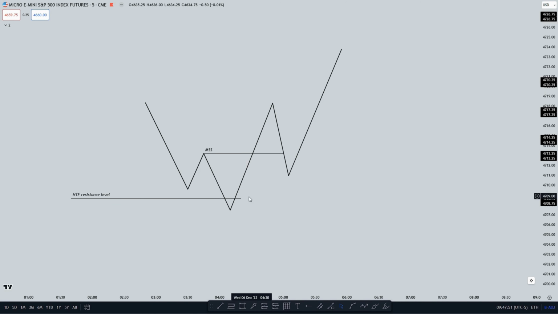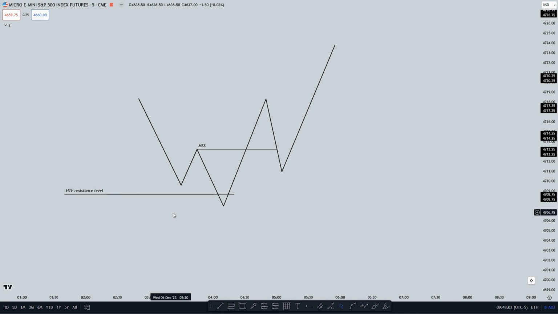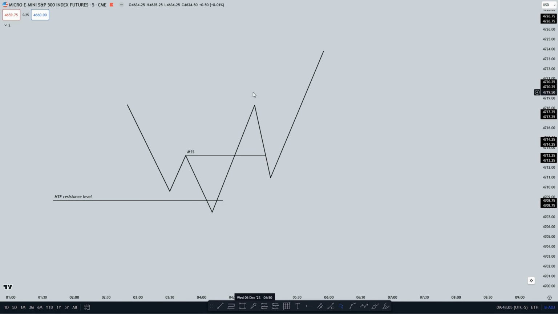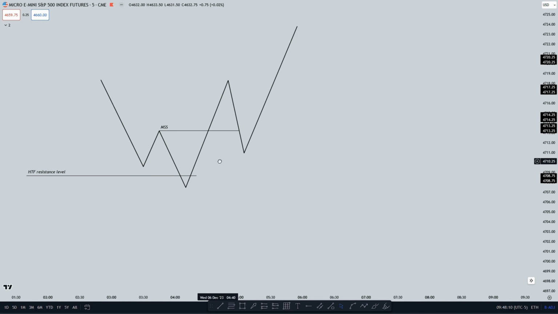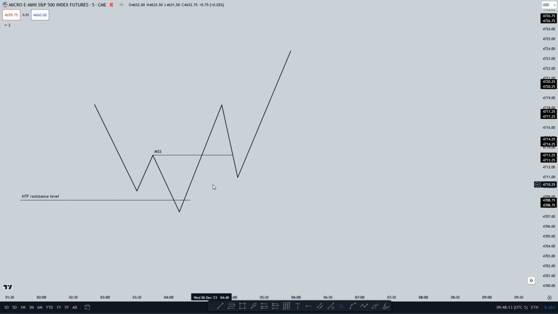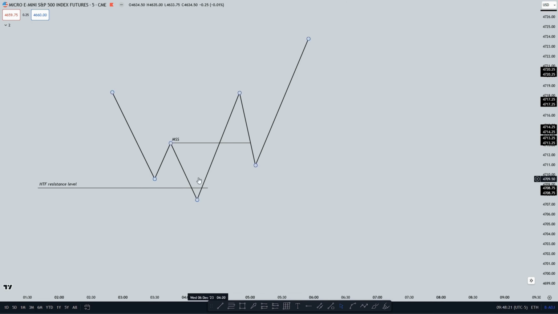So a market structure shift is basically price touching a higher time frame level, and that I think is very important because you have to have the higher time frame on your side, and then price moves higher, closing above a high, and that shows price has shifted the order flow. So now the order flow is bullish. And what I like to see when price forms a market structure shift is a fair value gap in that market structure shift.